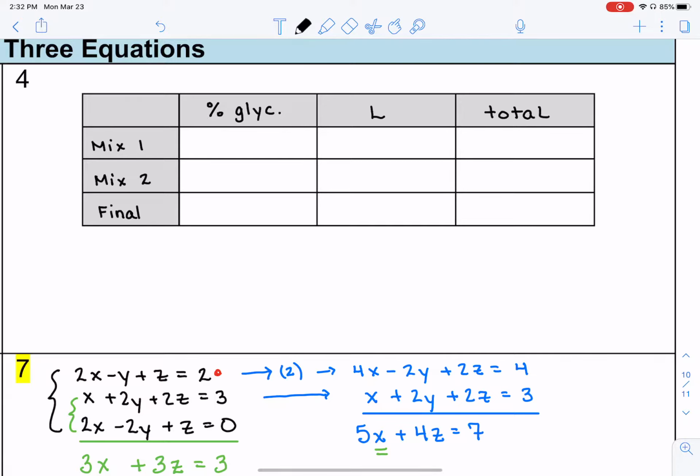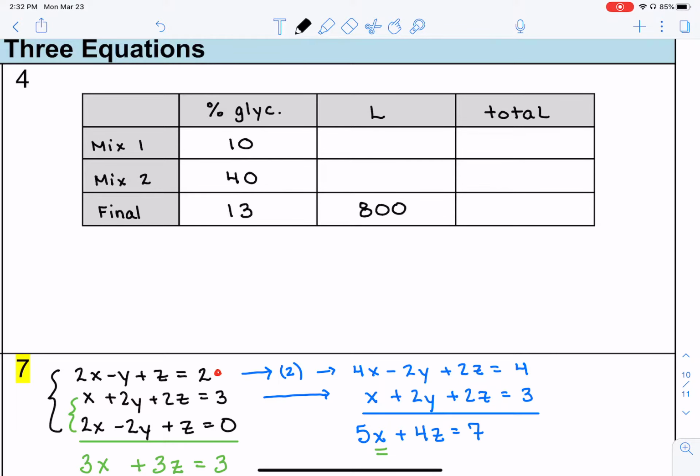So I'm going to come into the 10% under the percent glycerin. The second solution had 40%. And then we look at what is it we want in our final solution, and our goal is 13%. The other information that's provided is the final solution is going to have 800 liters.